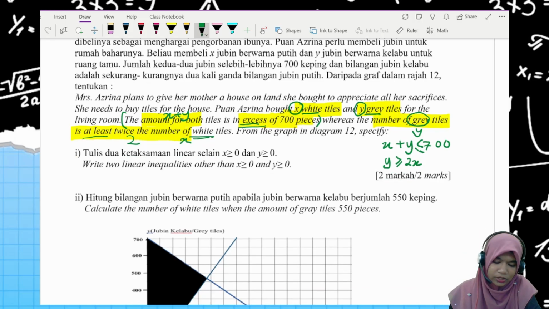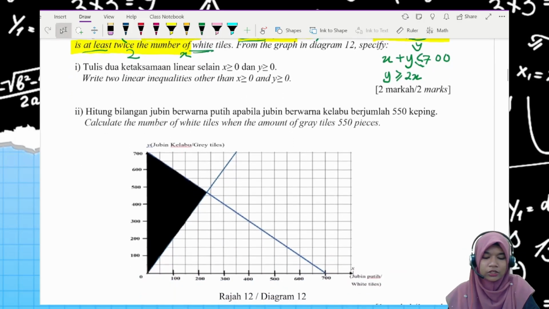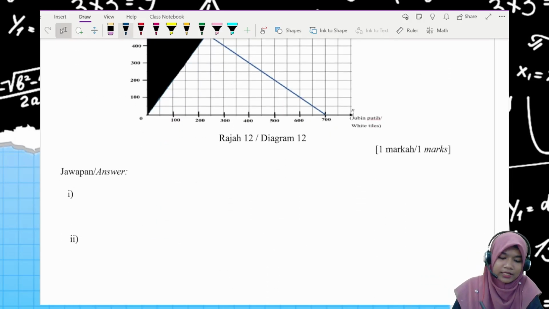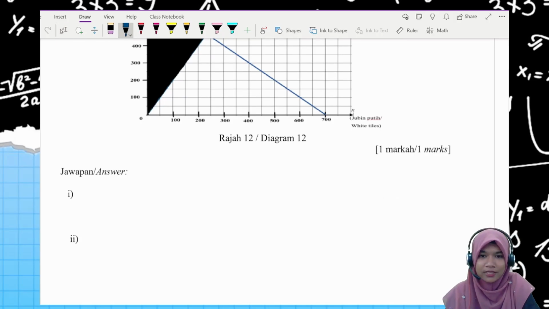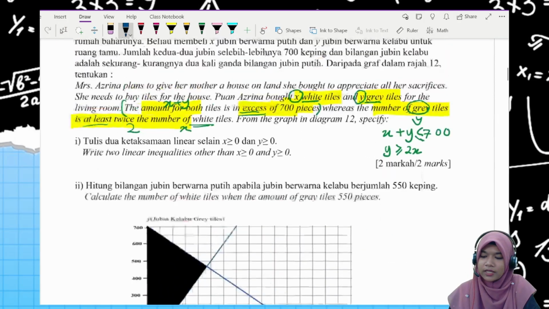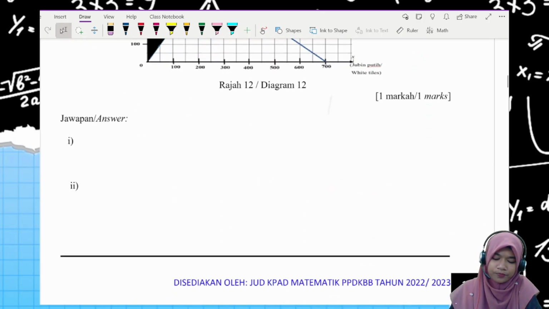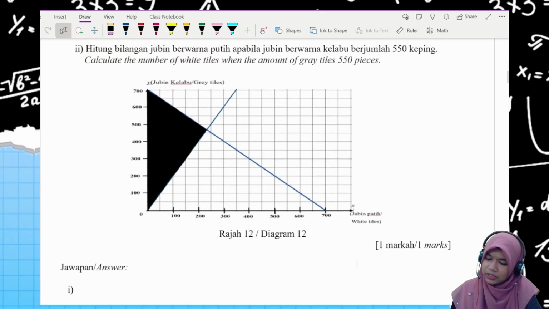All right. So the first question: write two linear inequalities other than x greater than 0 and y greater than 0. Make sure you write in the answer space. Don't just leave your answer in the question, because the mark will not be given on the question. So you have to write the inequalities.